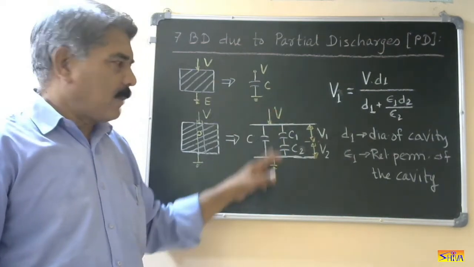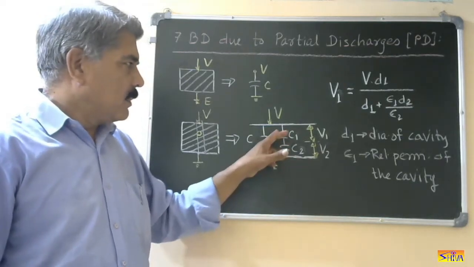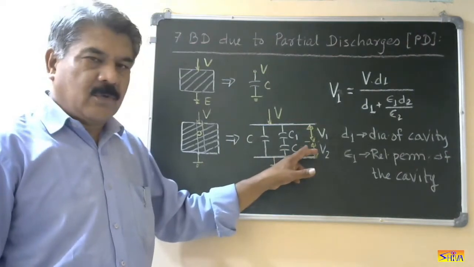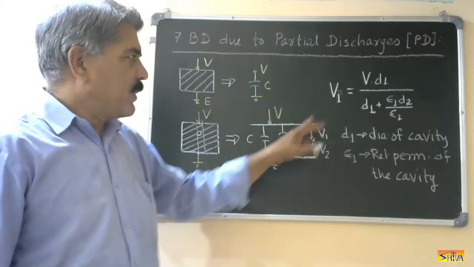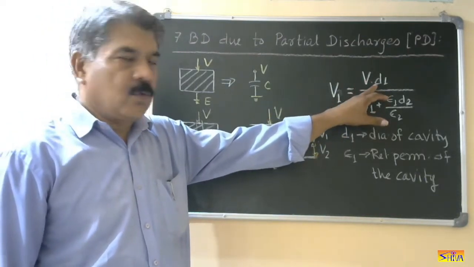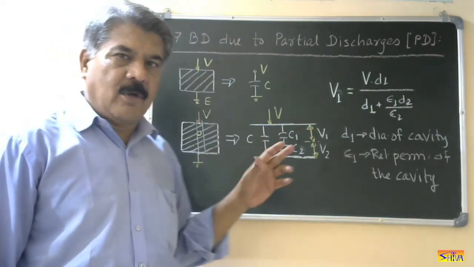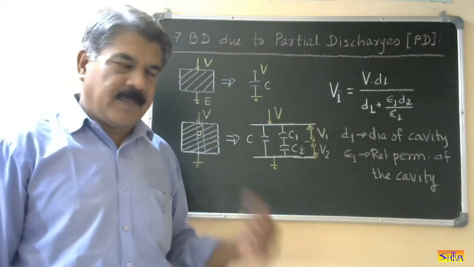So when we are applying the voltage, here the voltage distribution will take place. Say this is voltage V1 that is across the cavity, and V2 is the voltage across the healthy part of the insulation. The expression for this V1 is this one: V, the applied voltage, into d1. d1 is the diameter of this cavity because for analysis purposes, we assume that the cavity is spherical in nature.